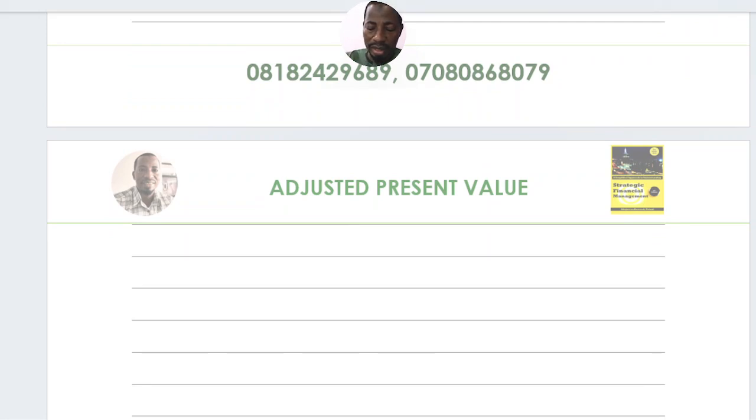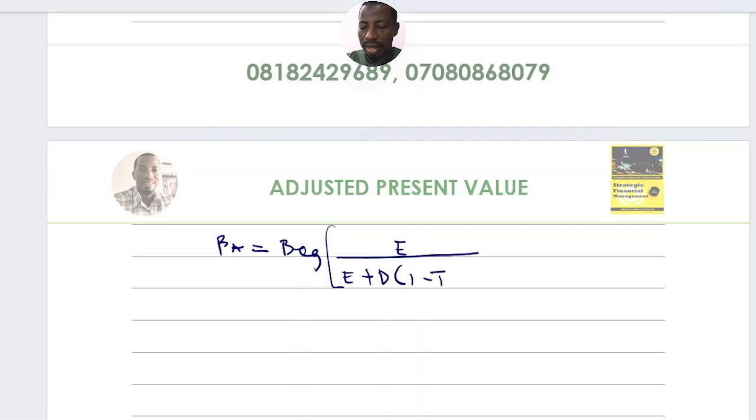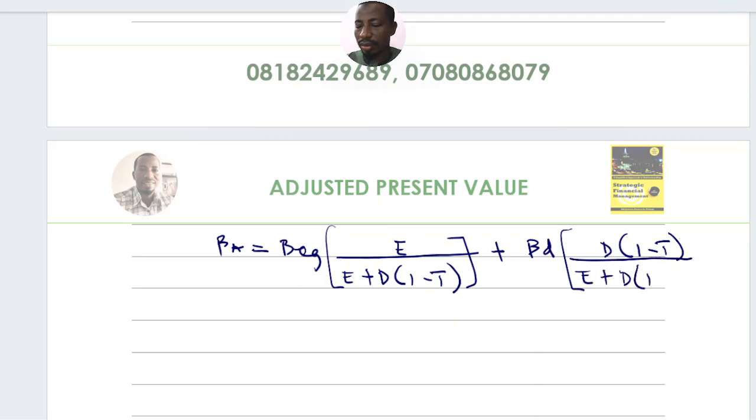So if that is the case, using the extended formula, the beta asset will then be equal to beta equity of a geared company multiplied by equity value divided by equity plus debt (1 minus tax), plus on the other side, debt beta multiplied by debt value into (1 minus tax) divided by equity value plus debt (1 minus tax).